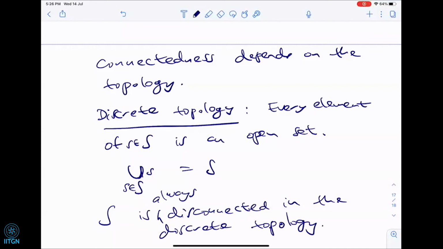Okay, and it's the other way around for the indiscrete topology. Everything is connected because essentially there are no open sets, so there's no way I can even check that theorem. I don't know if that's a meaningful statement, but certainly in the discrete topology, any set, even the real line or real Euclidean space, becomes by this definition disconnected because it can be written as the union of open sets which are all mutually disjoint.